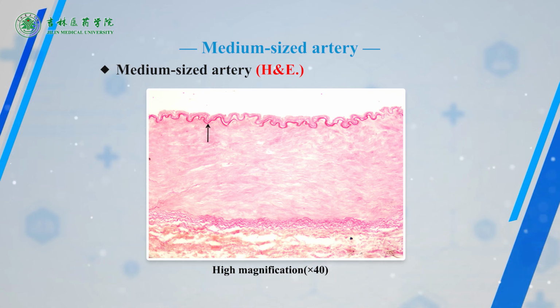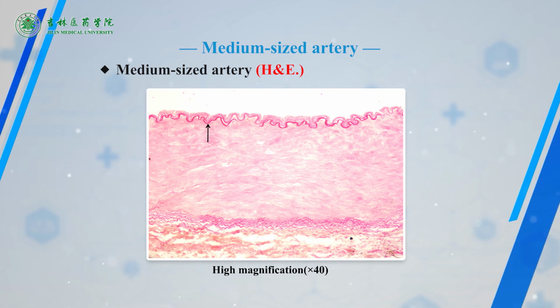The outside layer is the tunica adventitia, which is made up of connective tissue. Near the tunica media is the external elastic membrane, composed of many layers of elastic fibers, which forms the boundary line separating the tunica media from the tunica adventitia.